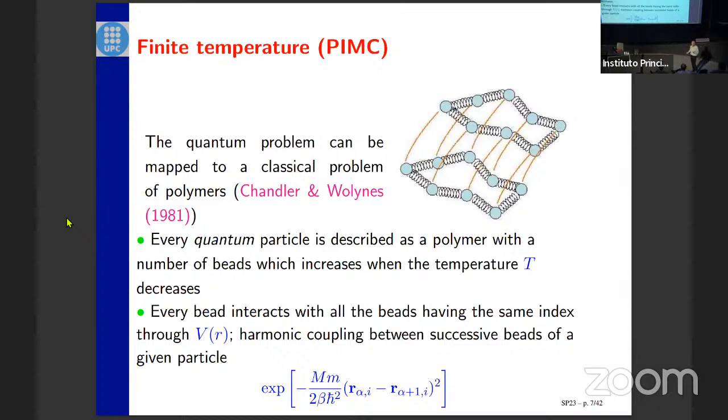If you know about Monte Carlo, this is the problem that sometimes it becomes blocked because you cannot sample all the configuration space. So to improve that, you need to work a bit more on the coupling of the Green's function in terms of the kinetic and potential part.